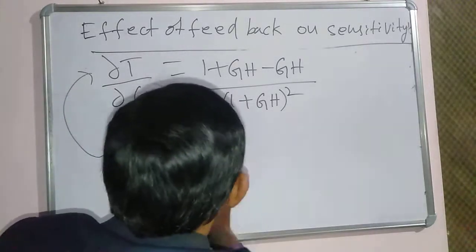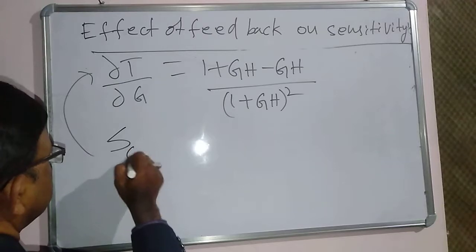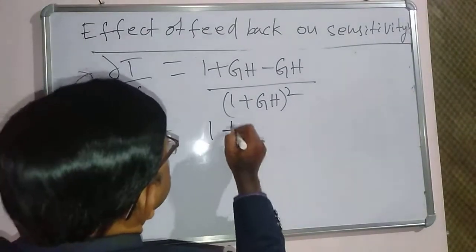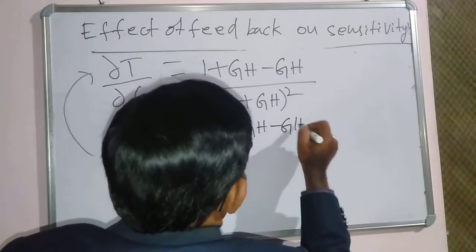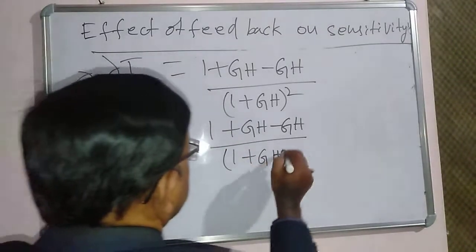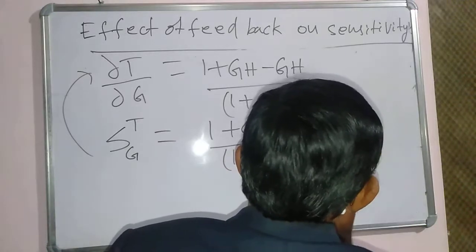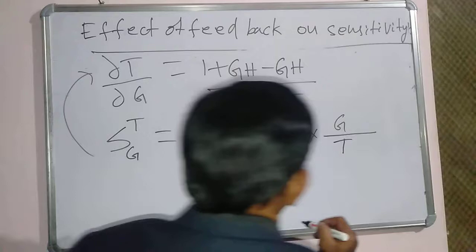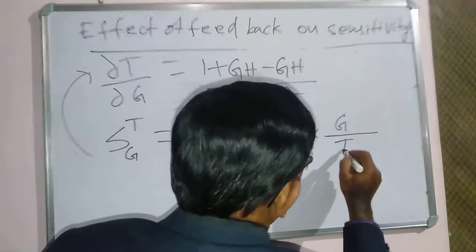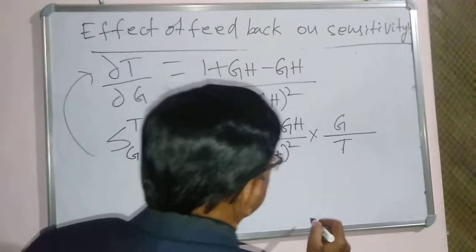So already we have taken the sensitivity, that is S_G^T is equal to [(1+GH minus GH) divided by (1+GH) square] into G by T, where T is the transfer function of the closed loop or feedback control system.